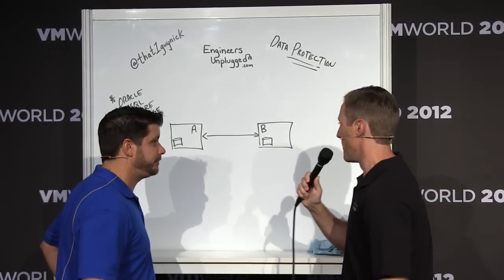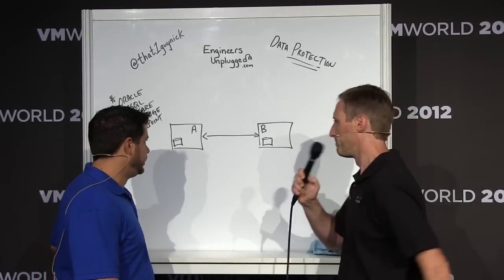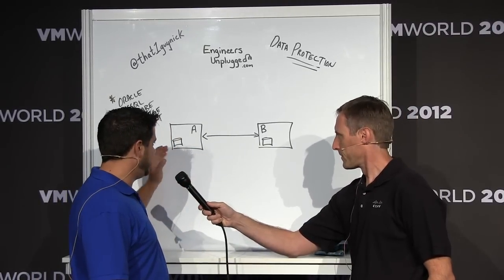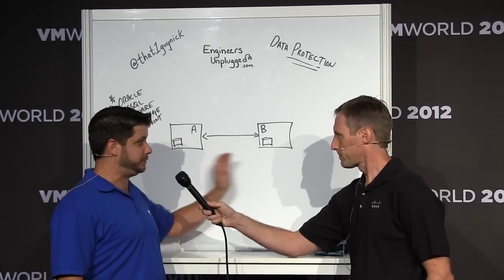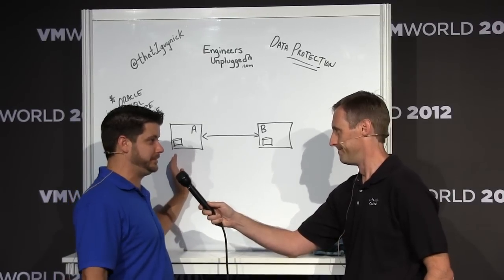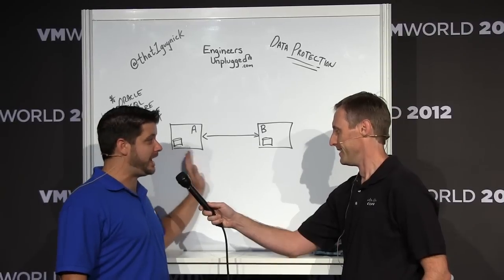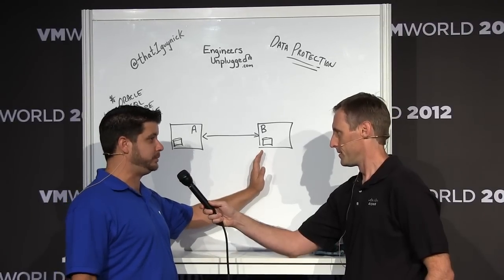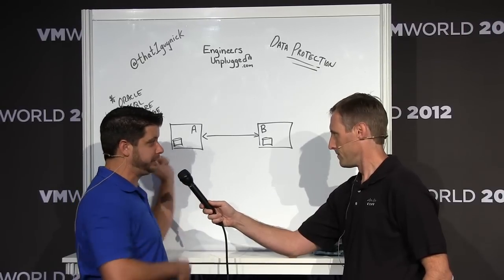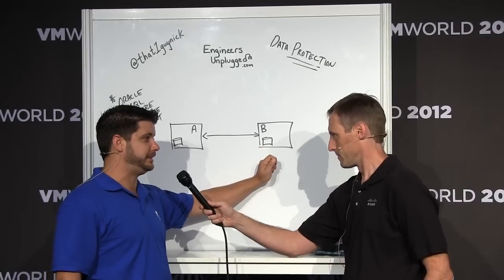Okay. So you're starting with a very simple diagram here. Why don't you tell us how this works? Sure. If we've got two sites, we'll call it Site A and Site B, and you have a volume that lives in Site A and you want to replicate it. We have a lot of Snap words. So to help understand, SnapMirror is one-to-one replication, where whatever changes you make, for better or worse, on the source side are going to be replicated over to the destination side.